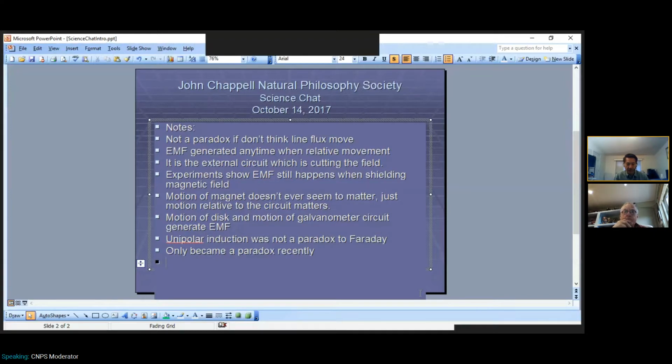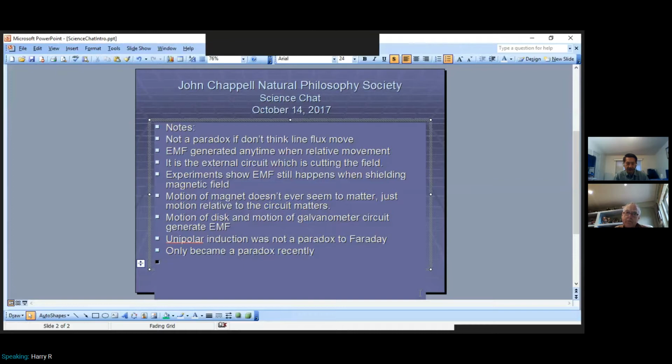Well, Harry, that's a very interesting point. I think that unipolar induction was not a paradox to Faraday himself. He seemed to be able to explain it very similarly to how Bob wanted to say, which is it's just a straightforward application of the Lorentz force law with the electron speed being relative to the laboratory. Well, remember now, there were no electrons or anything like that in Faraday's day.